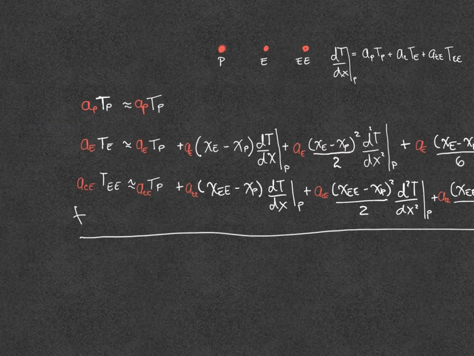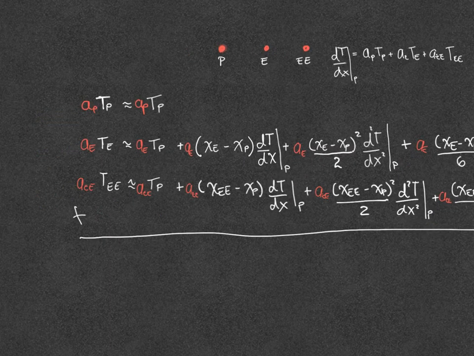Now the sum of this, something also to realize: we will never have something that is equal. For equality we would need an infinite amount of terms, but we have something that is a very accurate approximation of this. So if we sum this, we will have something that is supposed to be dT/dx at P.